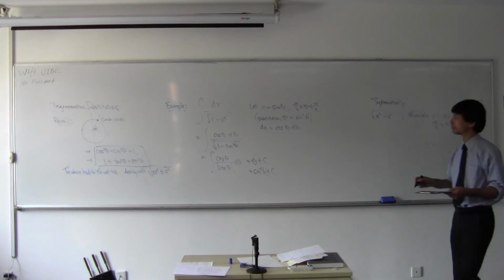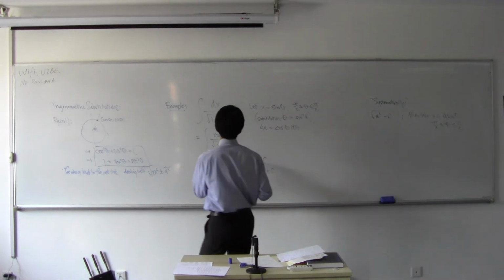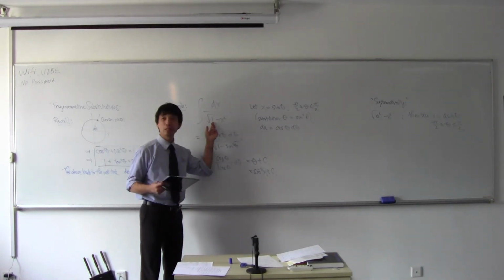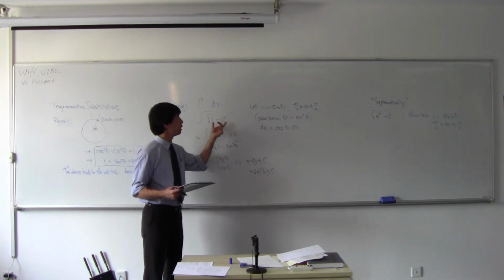So if I had seen 4 minus x squared here, then I would have taken x to be 2 sine theta.